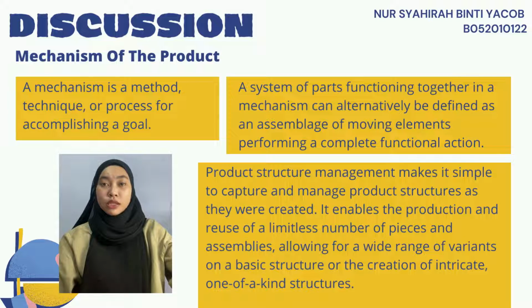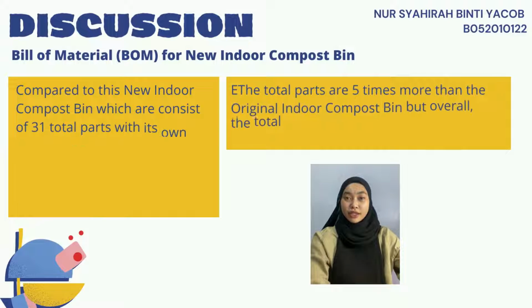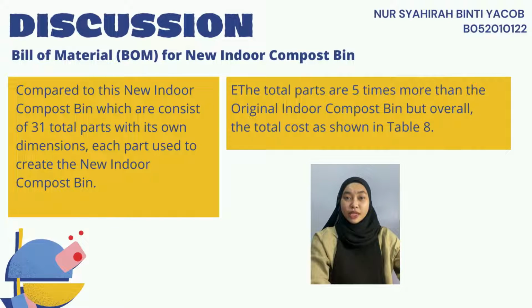It enables the production and reuse of a limitless number of pieces and assemblies, allowing for a wide range of variants on a basic structure on the creation of any one-of-a-kind structure.